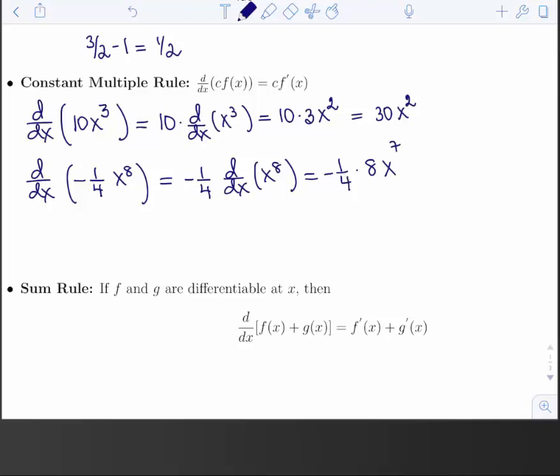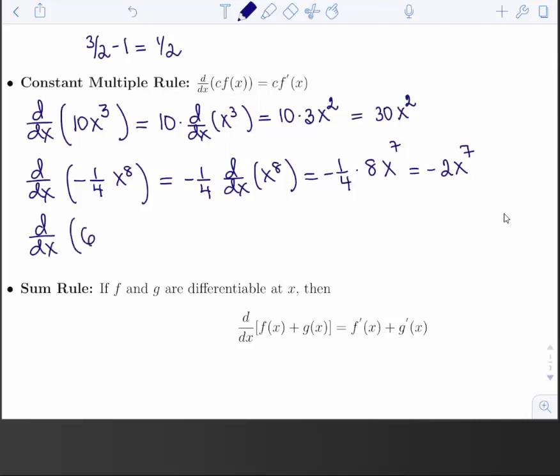Okay, and we can simplify this, right? So this would be negative 2x to the 7th power. Okay, so let me run through this real quick. This is a constant. It can be pulled out. Now I take the derivative of this, negative 1/4, 8x to the 7th, simplify. Here's my final answer. Let's do one more of these examples.